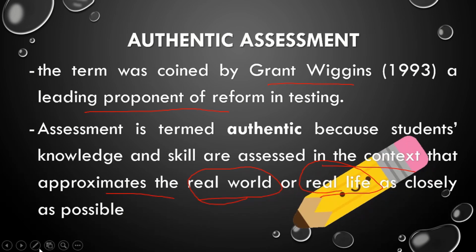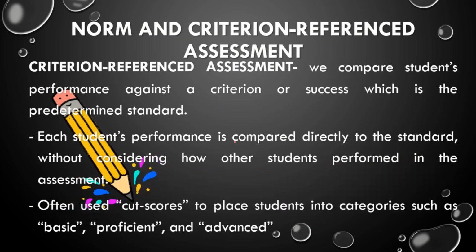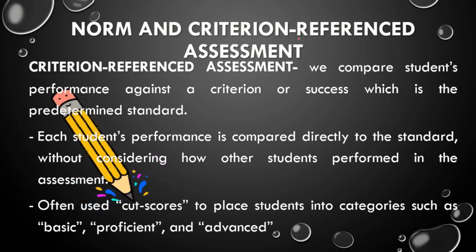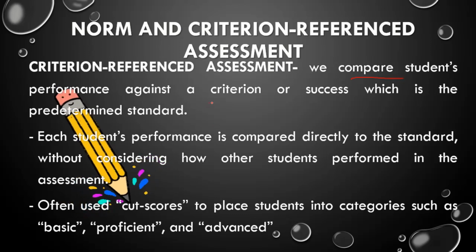After the authentic and the traditional assessment, let's proceed to the norm and criterion reference assessment. First, let's discuss the criterion reference assessment. In criterion reference assessment, we compare students' performance against a criterion of success, which is a predetermined standard.